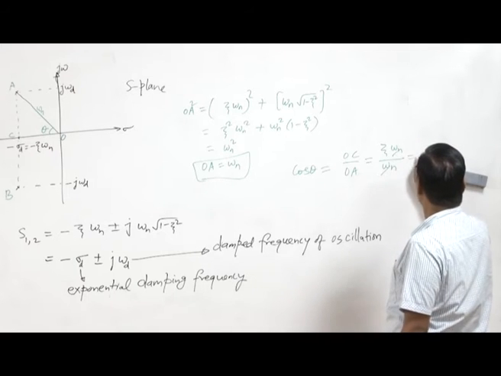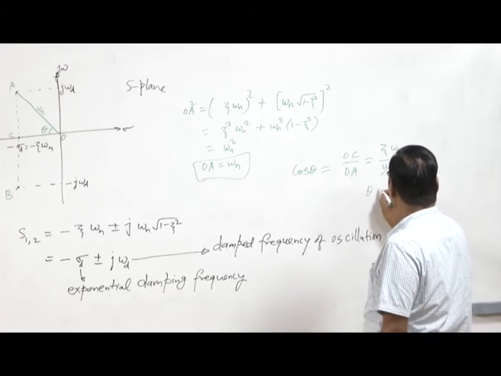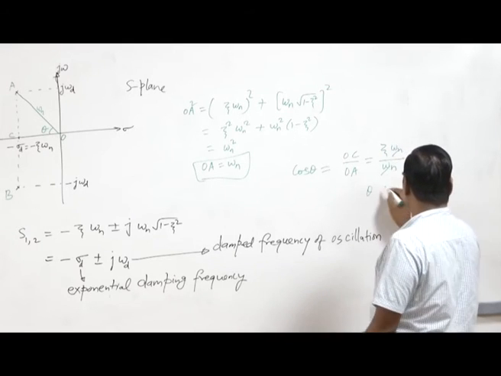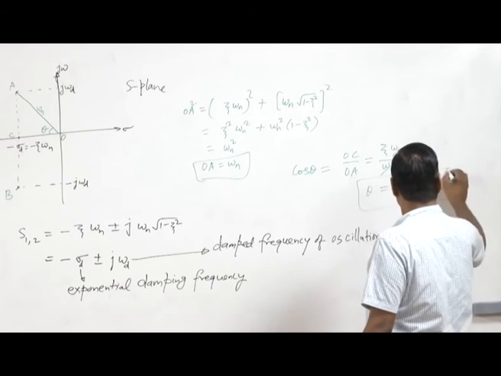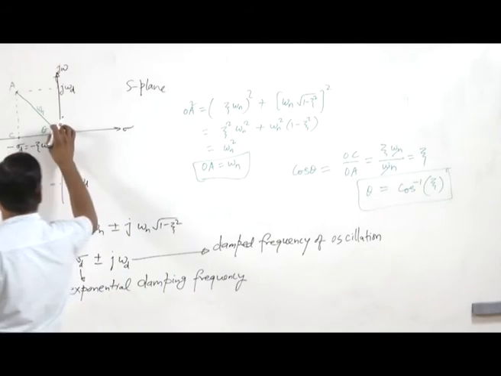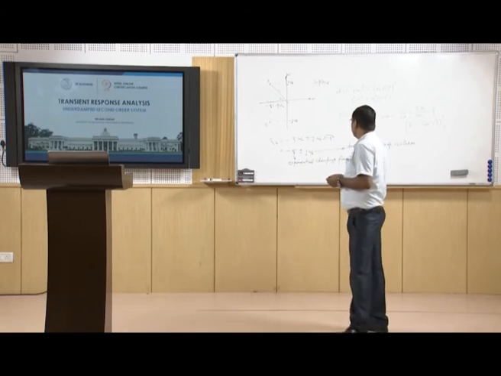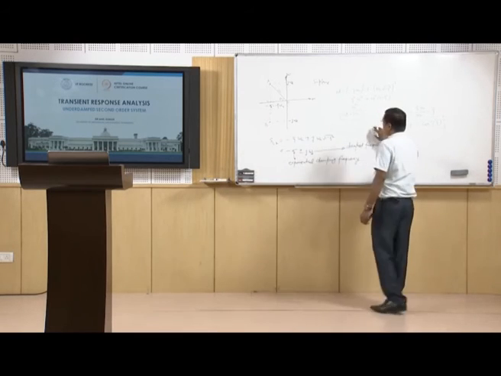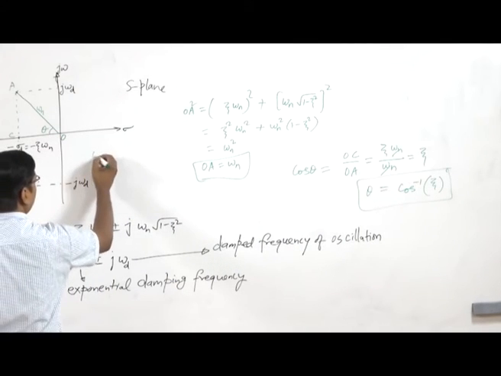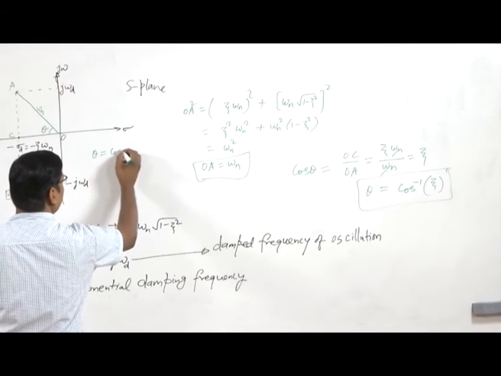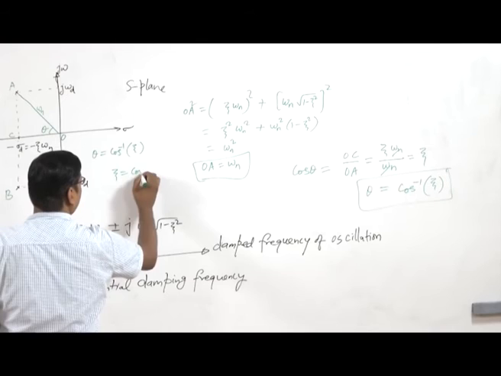So this cancels out, that is equal to damping ratio. So here theta equal to cos inverse damping ratio. So it means this theta shows the damping of the system. So now these things are clear. So theta equal to cos inverse damping, or damping equal to cos theta.